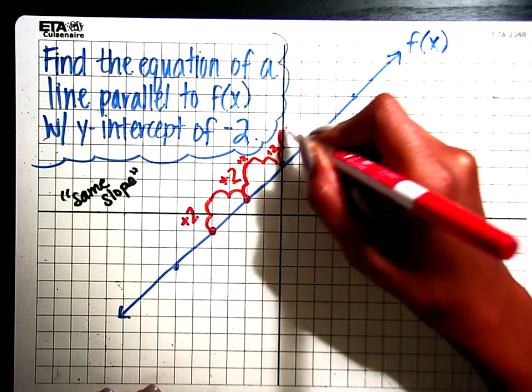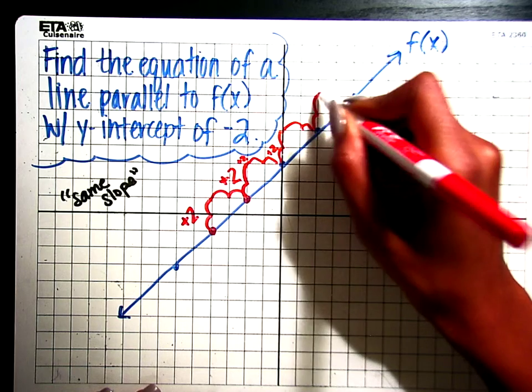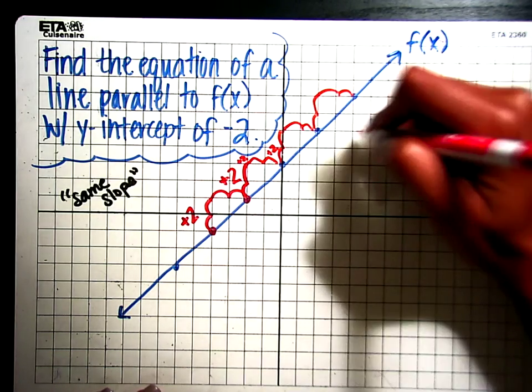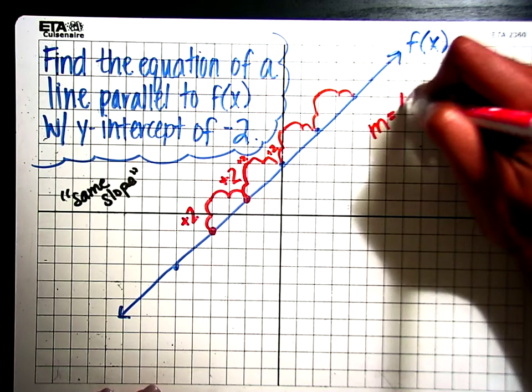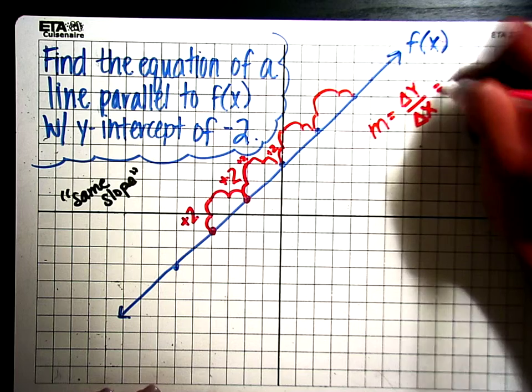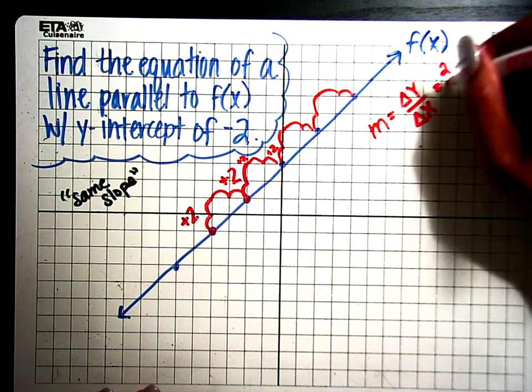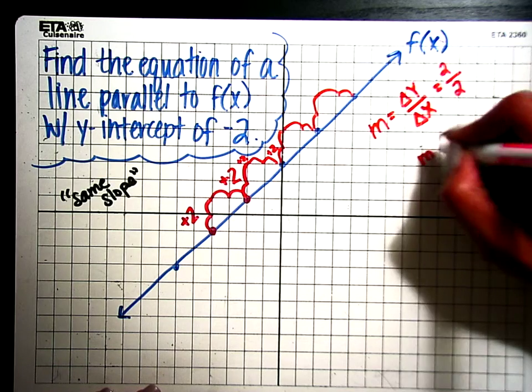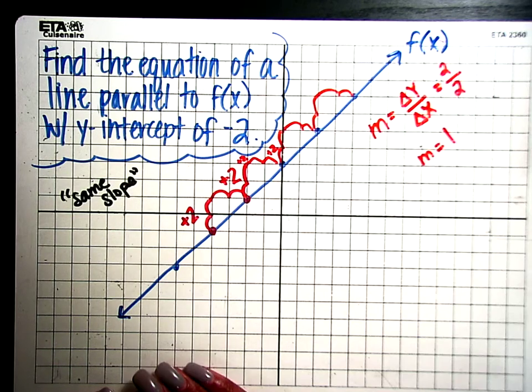Keep going, plus 2, to the right 2, plus 2, to the right 2. So I can easily tell, even though it looks kind of funny, my slope, which is my change in y over my change in x, is equal to 2 over 2. 2 over 2 is the same thing as 1.